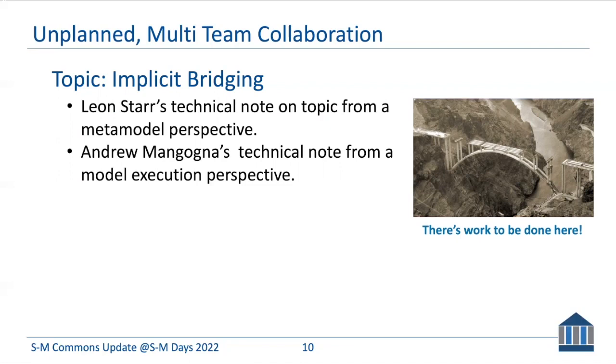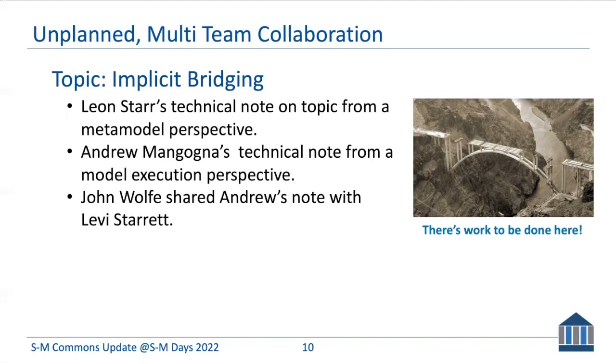This considered how one might translate the implicit bridge specifications Leon was proposing and what support this might require at model execution time. John then shared Andrew's note with Levi Sterrett, who reviewed it. He then provided Andrew feedback on the technical note and shared his thoughts on the topic with him.